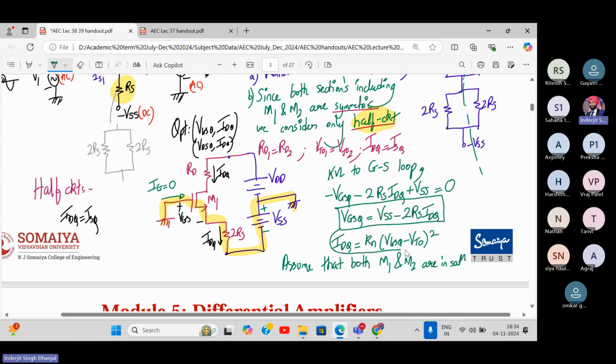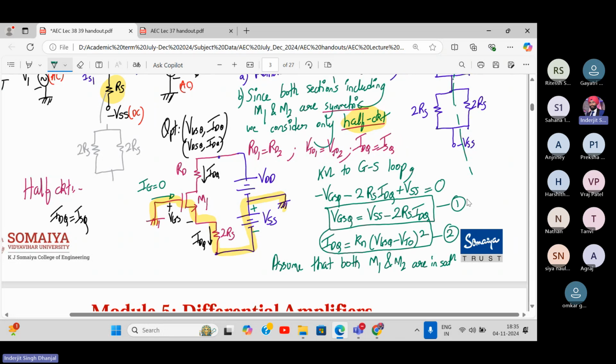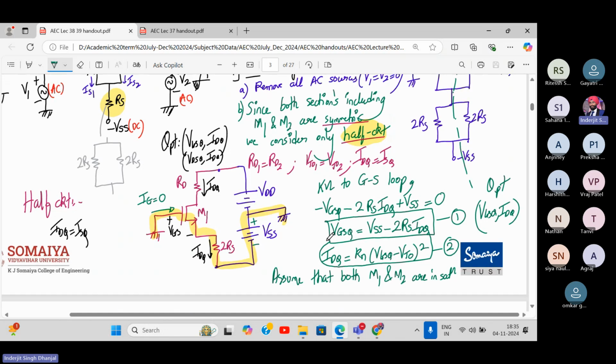Correct? So that's the second expression. So please write down this expression number 1 and 2. From 1 and 2, you can determine what? Q point, VGSQ, IDQ. Okay? Understood this or no? Please complete it. I hope it is clear now.